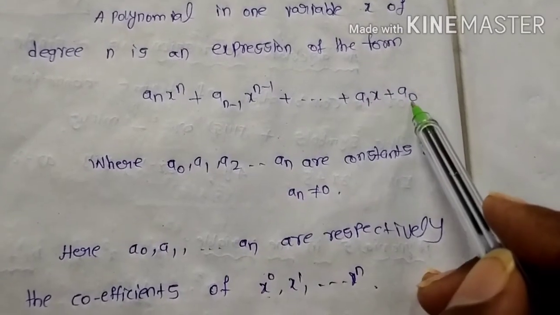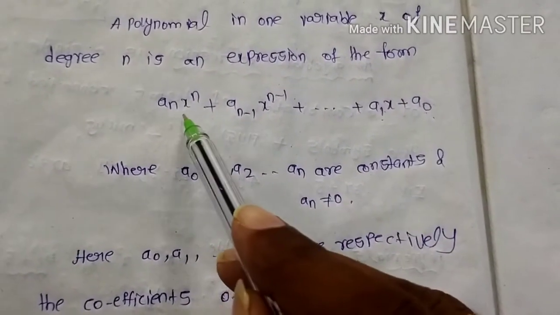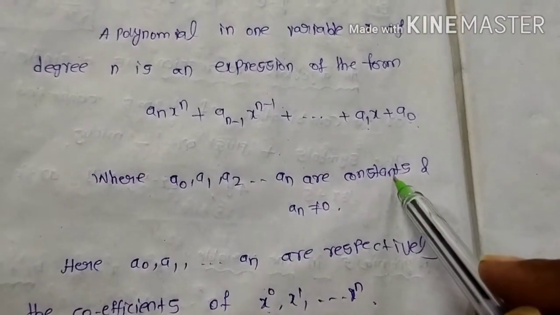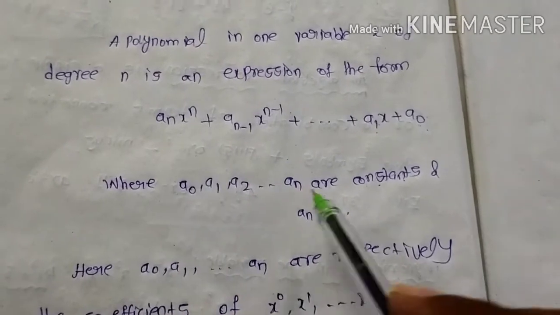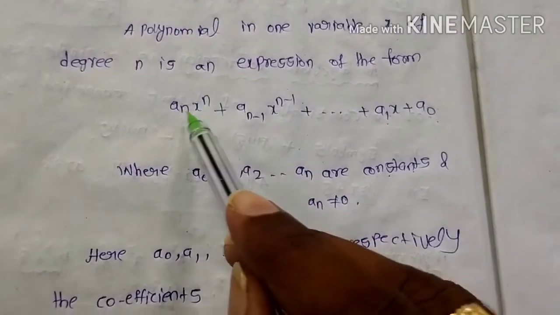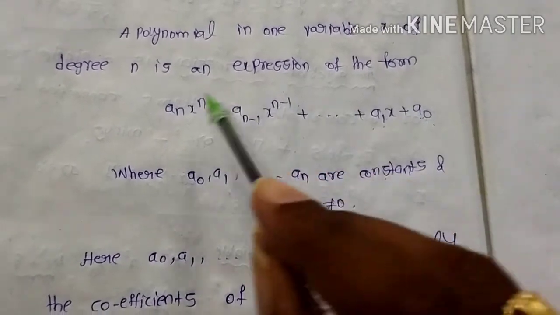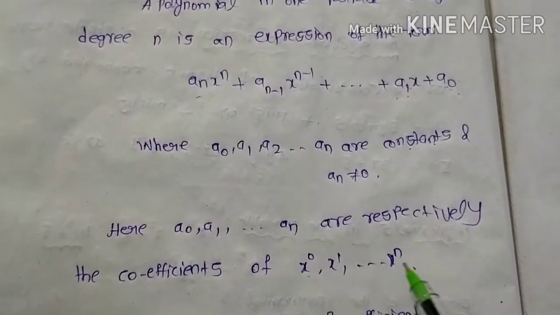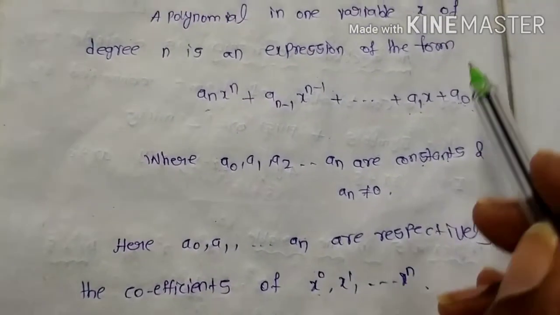These a0, a1, a_(n-1), a_n are called constants, and also you can remember that a_n is not equal to 0. These constants a0, a1, a_n are called coefficients.